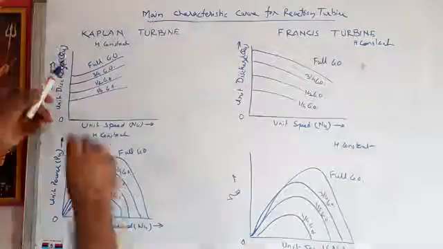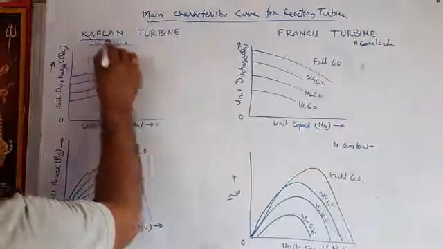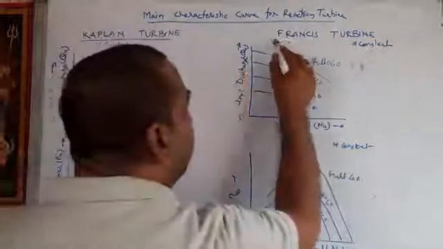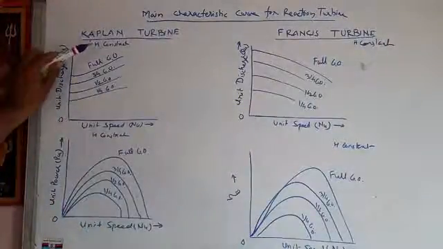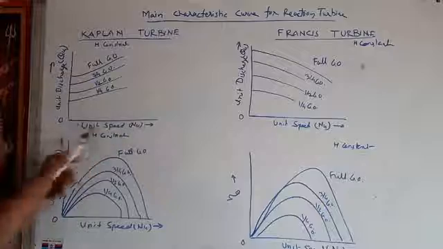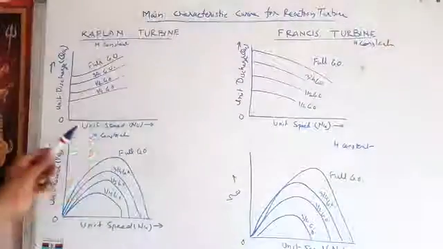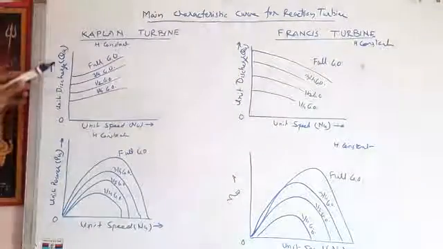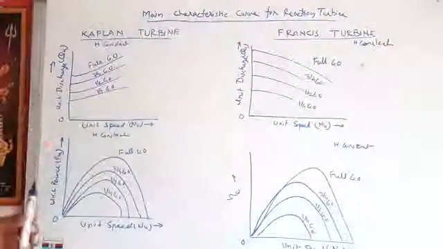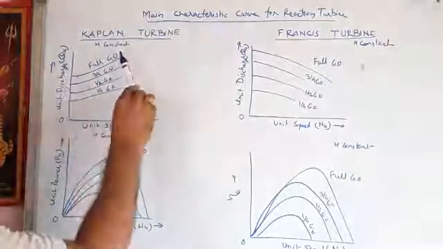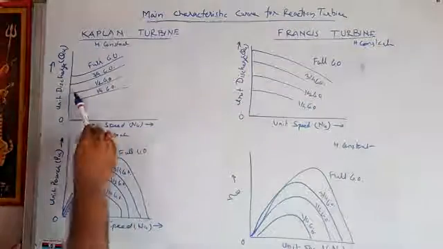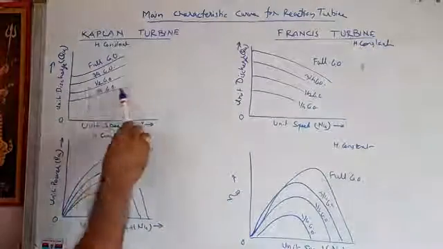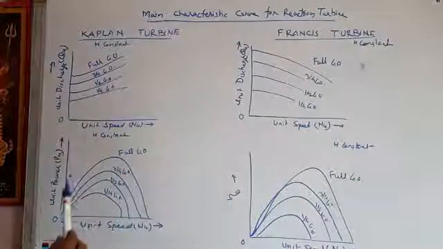In reaction turbines, two types of turbines have been taken, Kaplan turbine and Francis turbine. Here H is constant. This is for unit speed taken in the X direction and unit discharge in the Y direction. For full gate opening this goes like that, then 3/4 gate opening, half gate opening and 1/4 gate opening.